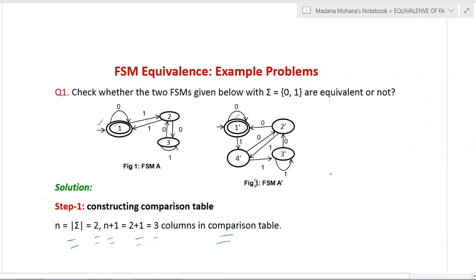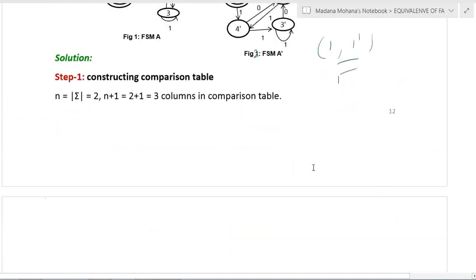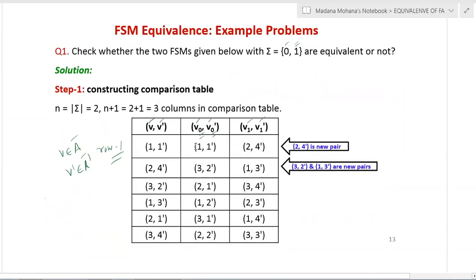In the first machine, the initial state is 1. In the second machine, the initial state is 1'. So this pair you take initially in the first row of the first column: (1, 1'). Now in the second column, first row, you have to find this value. How?